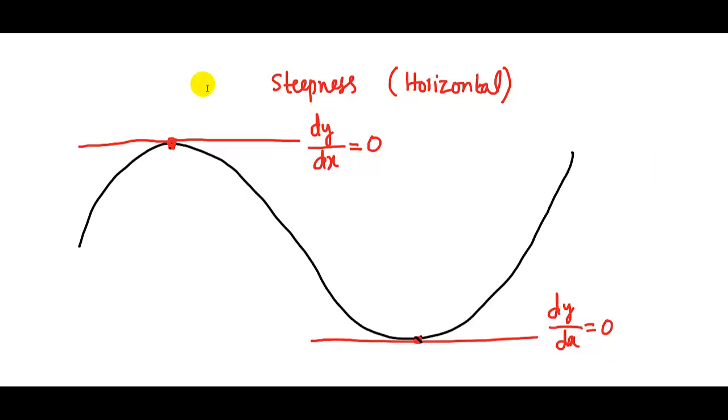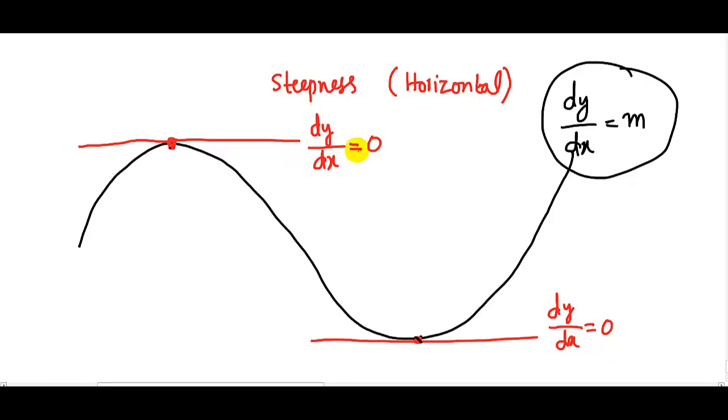So let me repeat again. At the turning point, if we draw a tangent line at the turning point, the tangent line will be horizontal. When the tangent line is horizontal, the steepness is 0. And we know that the derivative is basically the gradient.